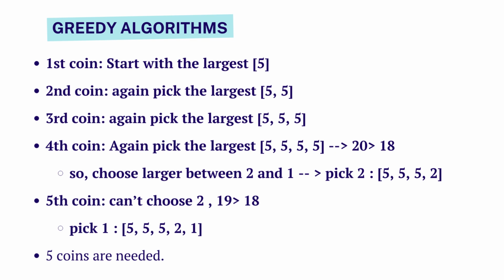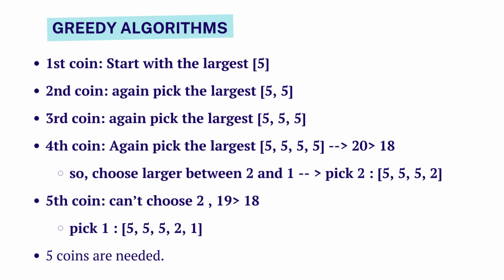Then for the fourth coin, according to the greedy algorithm, you should choose 5. But if you have four $5 coins, you have 20 in total, which is greater than your goal, which is 18. So it will select between 2 and 1. Among 2 and 1, it will choose 2. So you have 17 now.